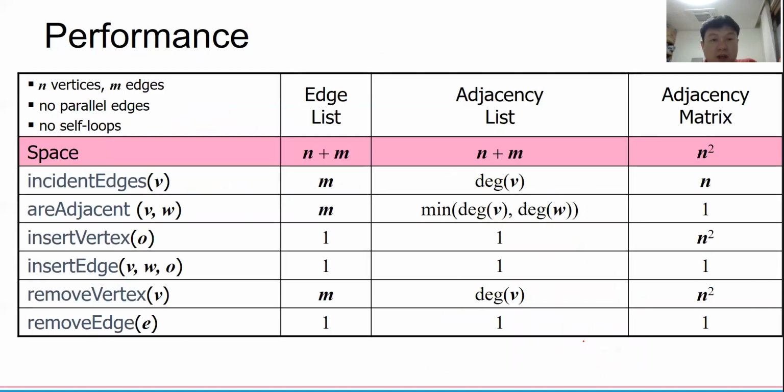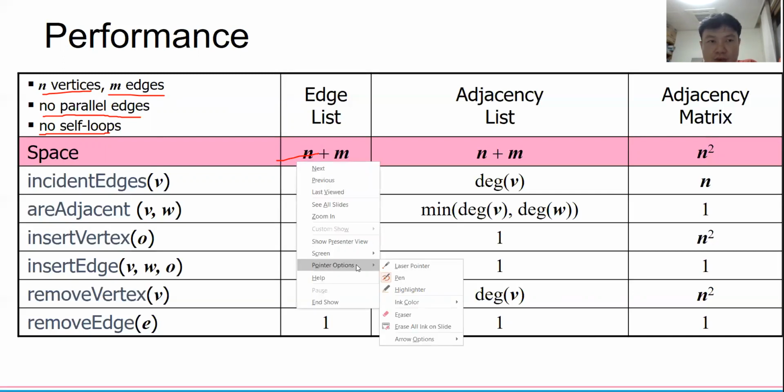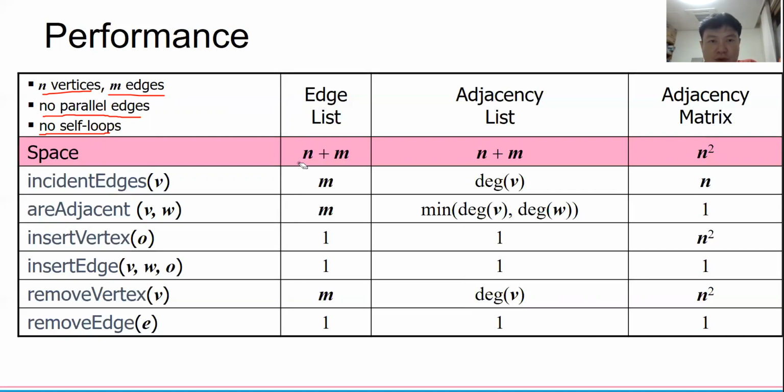For performance, the space is n plus m, where n is the number of vertices and m is the number of edges. We assume there are no parallel edges and no self loops. So the space for the edge list is n plus m, and for the adjacency list it is also n plus m.